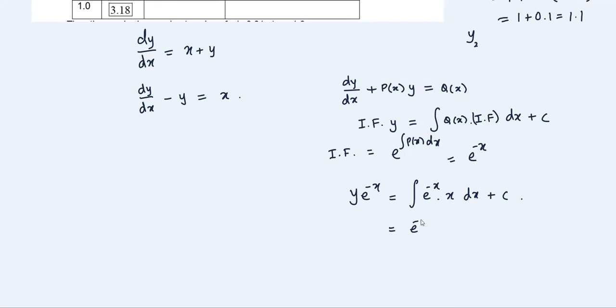So first function is x. First function into integral of the second, minus integral of the derivative of the first function, that is 1, into integral of the second.